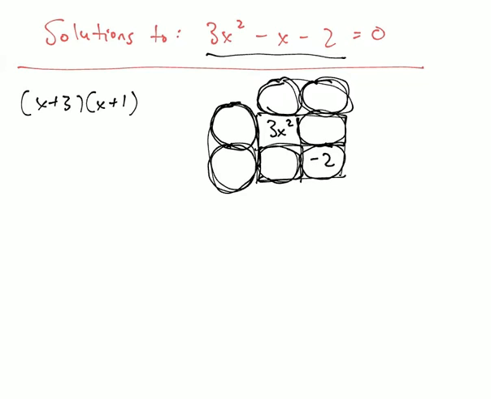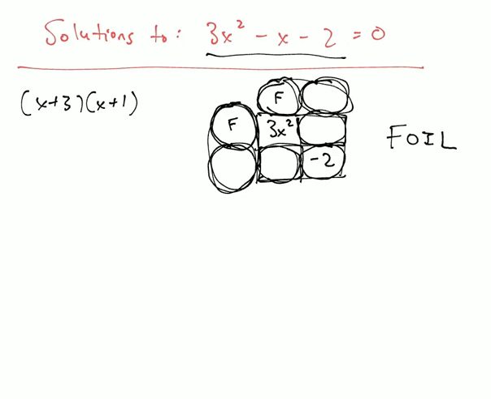So if you look at the FOIL method, right, first, outside, inside, and last, it's the exact same thing. So this first term of the binomial, multiplied by the first term here, is equal to the 3x squared.